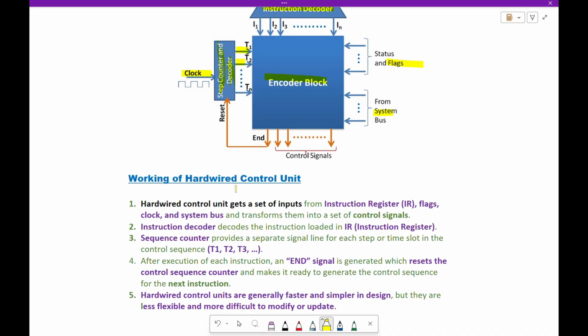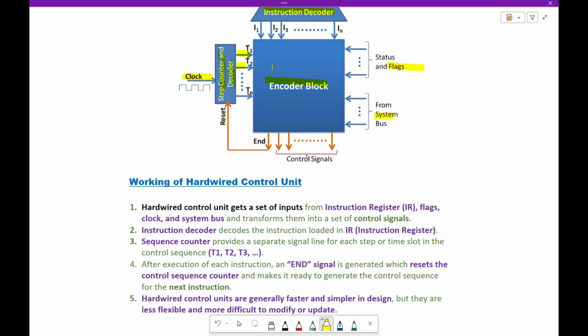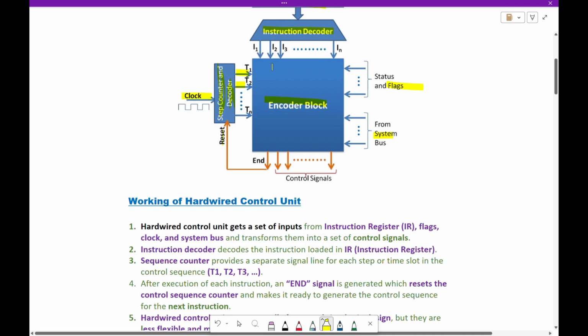After execution of each instruction, an end signal is generated, which resets the control sequence counter. After execution of all this, the end signals are generated, and which resets the control sequence counter and makes it ready for generating the control sequence for the next instruction.